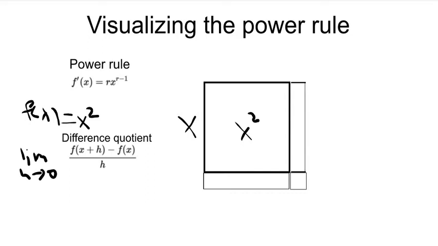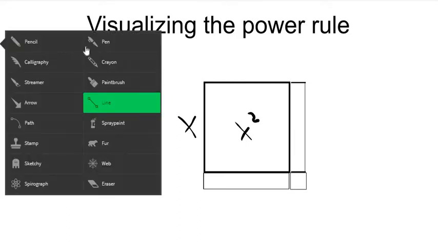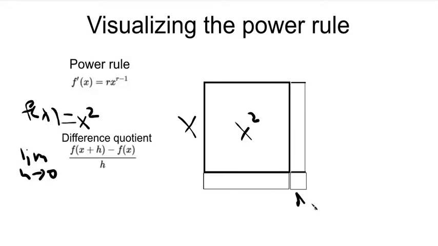So we made a small nudge of dx. Let me represent that. We made a small nudge of dx on both sides, which created two rectangles.